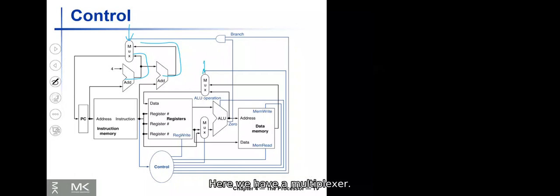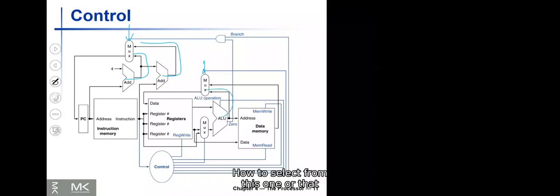Here, we have a multiplexer. So I go through the detail of this. How to select from this one or that one to write on the register file. Because we have two instructions which are going to update the register. One is an R format instruction.